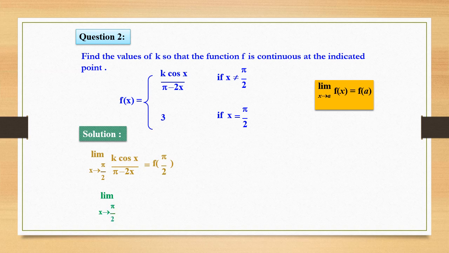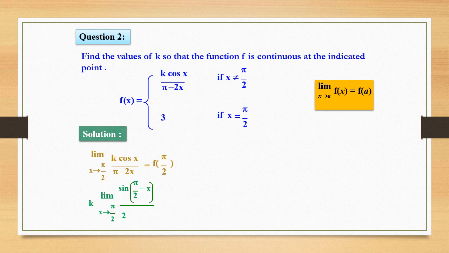So first we will simplify the LHL. Since this part is in indeterminate form, we are making use of the substitution method. So we are substituting x as pi by 2 minus x.